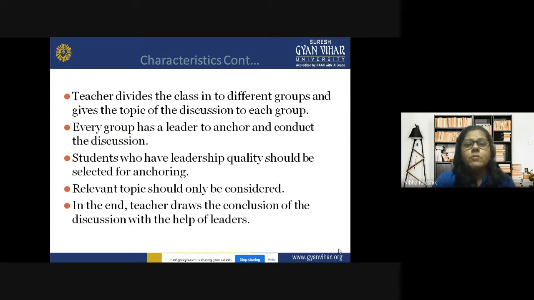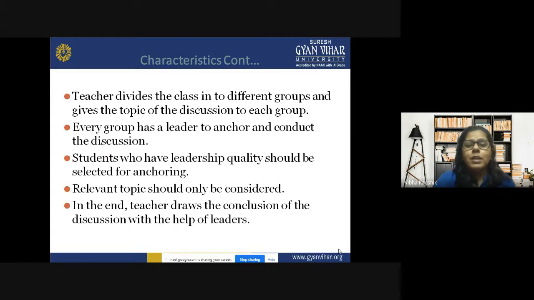Now, the teacher divides the class into different groups, means the teacher can divide the whole class into small groups and give the topic of the discussion to each group, and he can assign different topics of discussion to different groups.